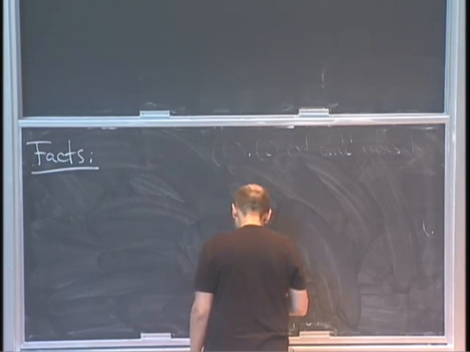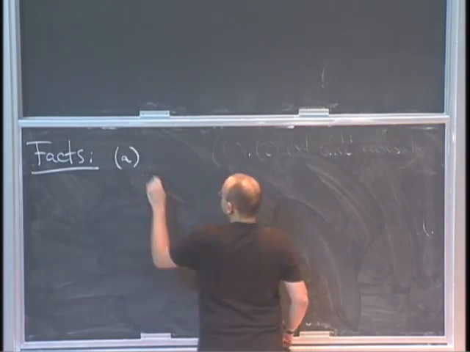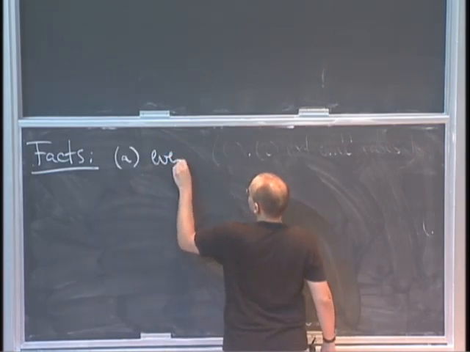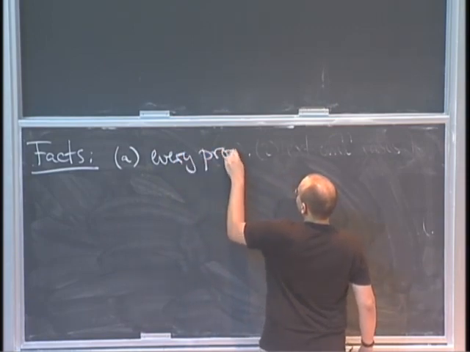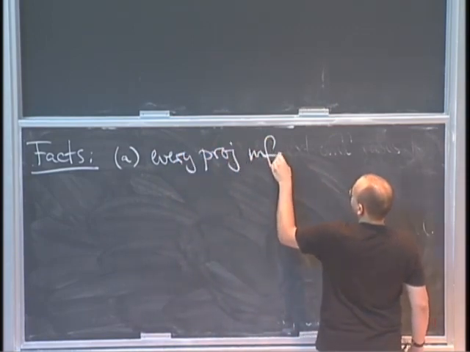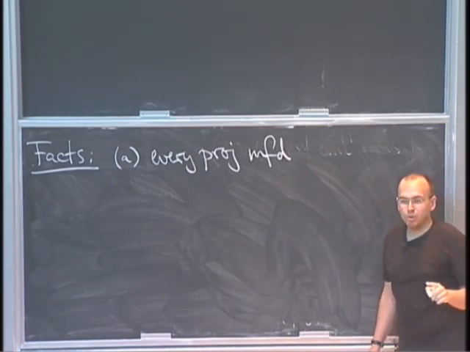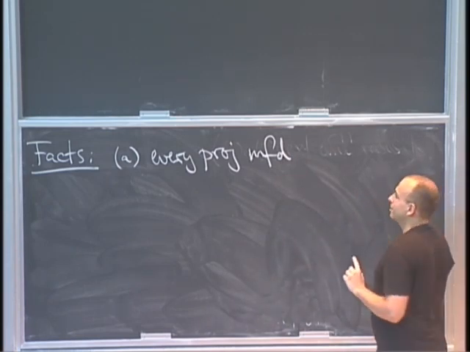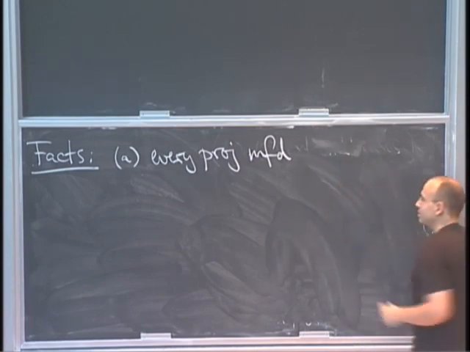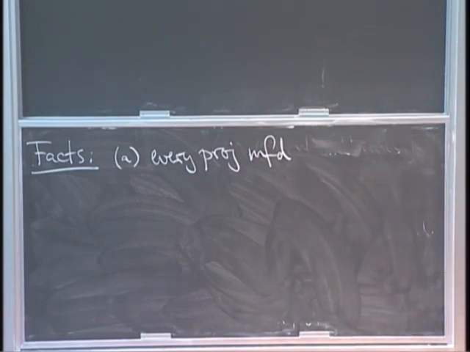Another list of facts. Every projective manifold can be written as the zero locus of a bunch of polynomials. This is similar to what I said about affine manifolds, except that the defining functions are now always homogeneous polynomials, and nothing else.